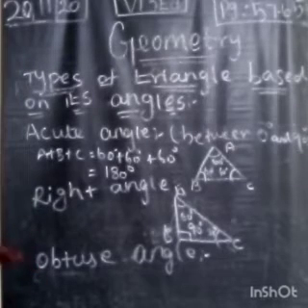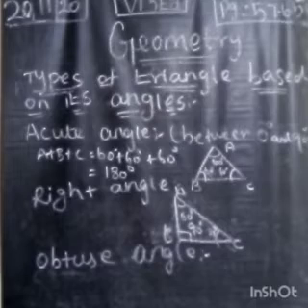And then obtuse angle triangle. Obtuse angle triangle means if an angle of a triangle is an obtuse angle, between 90 degree and 180 degree.